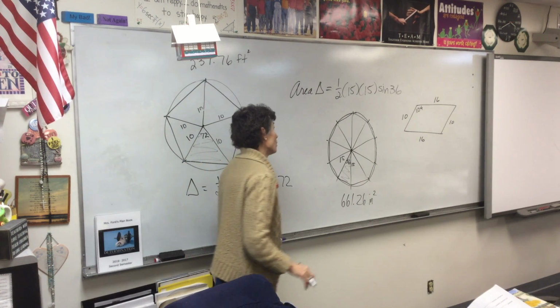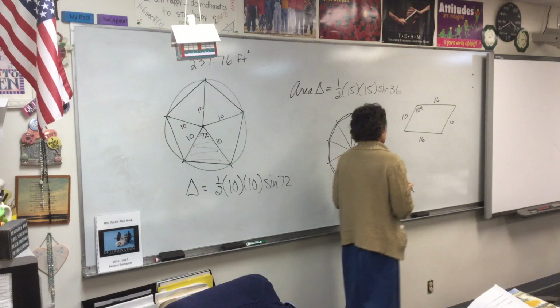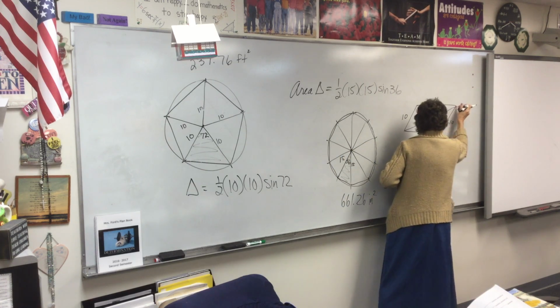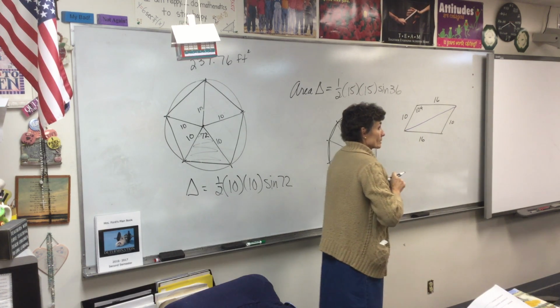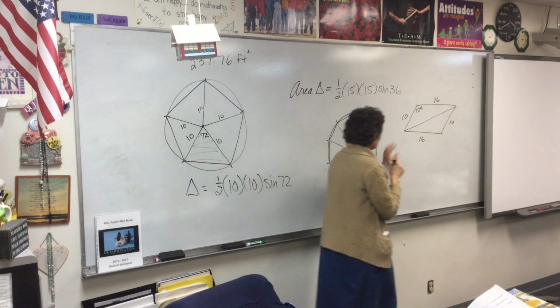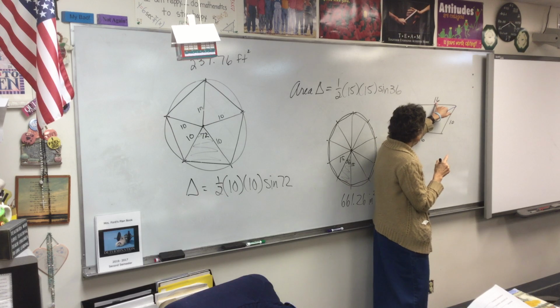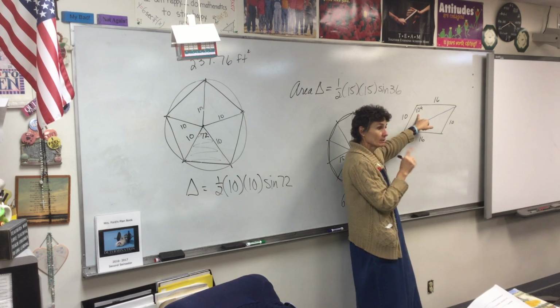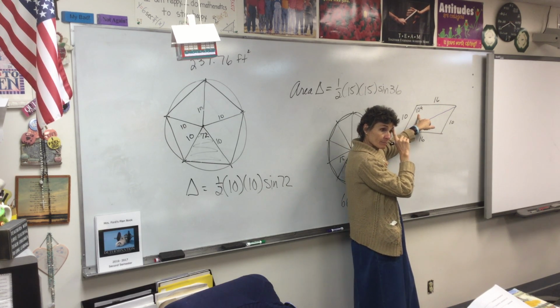So Ellie says, I'm going to make a triangle. And that's a really nice triangle. Because look what you have right here. Don't you have two sides and the angle in between? 1/2.